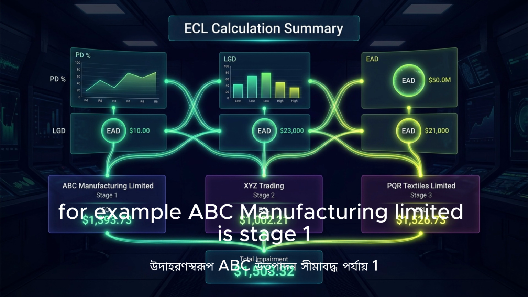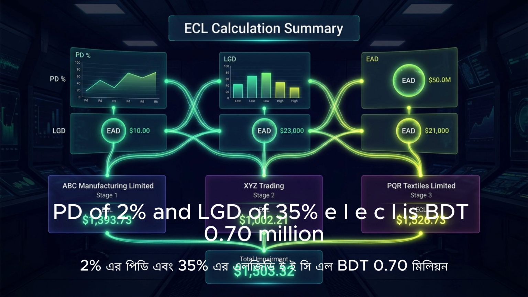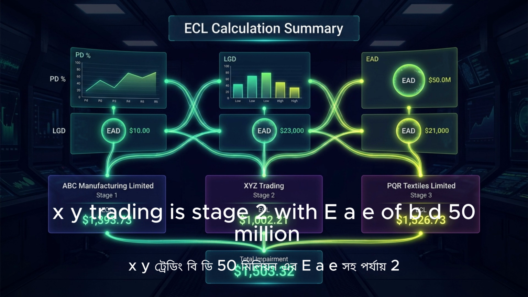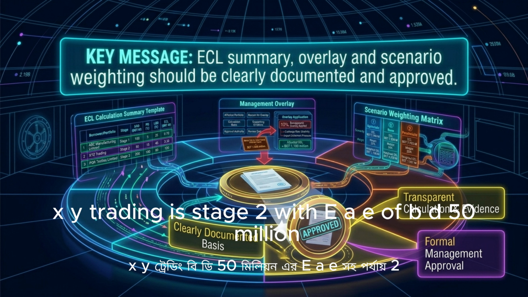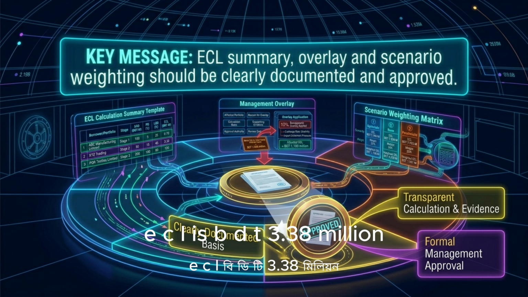For example, ABC Manufacturing Limited is Stage 1 with EAD of BDT 100 million, PD of 2%, and LGD of 35%. ECL is BDT 0.70 million. XE Trading is Stage 2 with EAD of BDT 50 million, PD of 15%, and LGD of 45%.